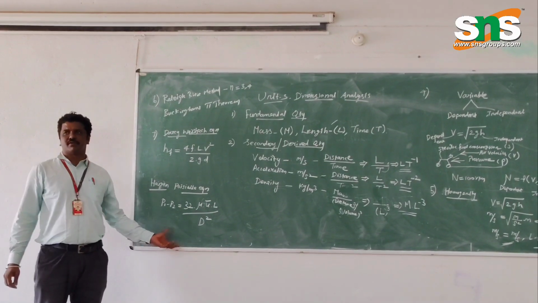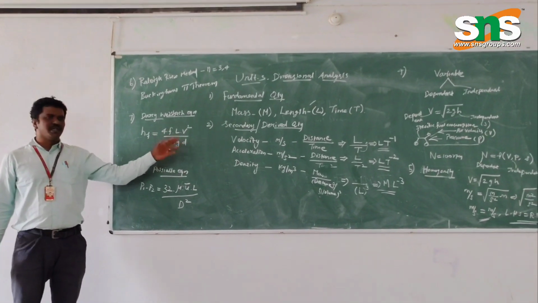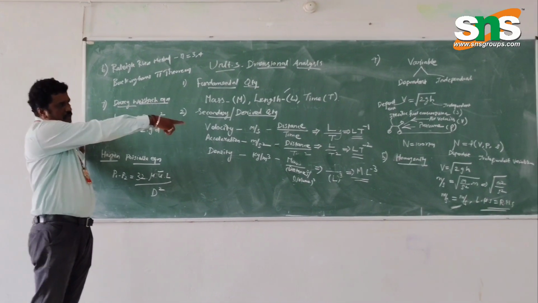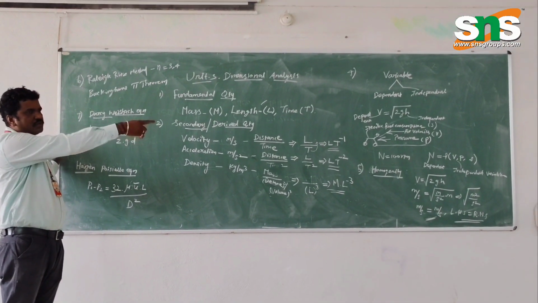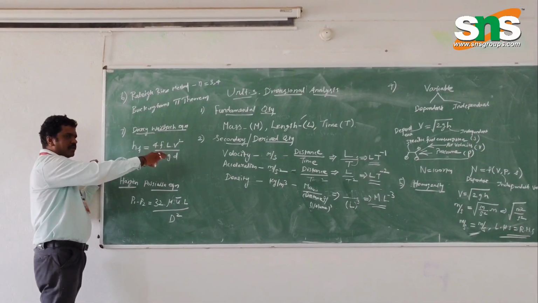This is the Hagen-Poiseuille equation. And here HF equals 4fLV squared divided by 2gd. Just as we already saw how velocity equals root of 2gh, likewise here we can write the dimensional quantities.